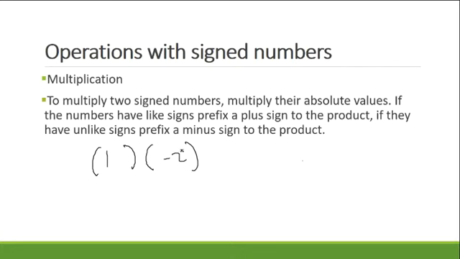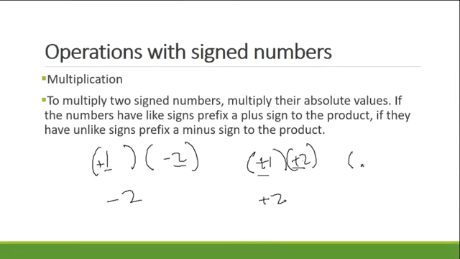Just multiply the absolute value first, 1 times 2, 2. Then, if they have opposite signs, ito positive, ito negative, we will have a negative sign. Kapag naman magkaparehas yung sign nito, we have positive 1 and positive 2, multiply the absolute values, we have positive 2. And positive din ang sagot mo kasi parehas yung signs niya.